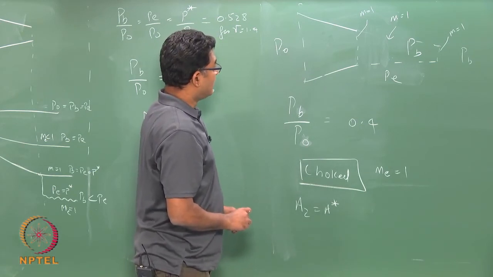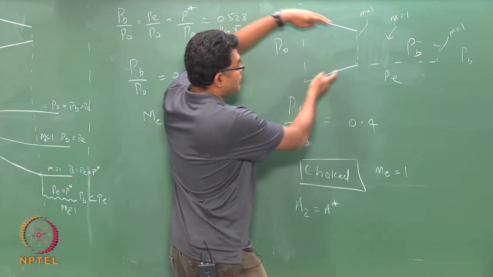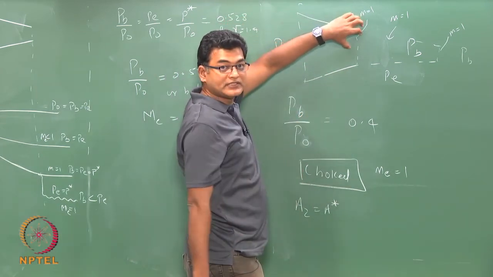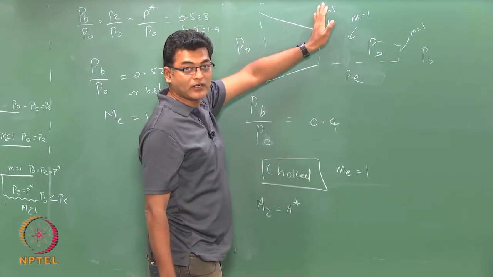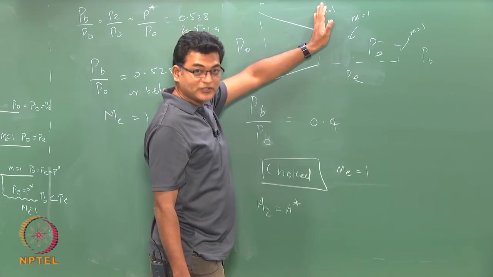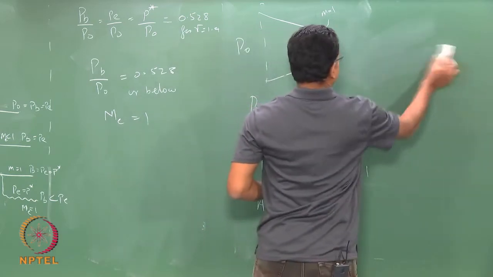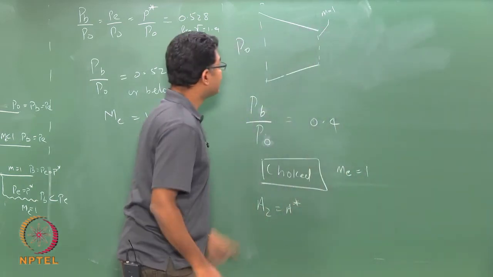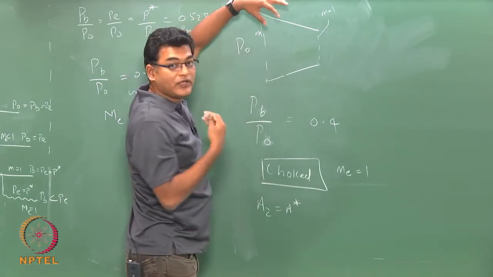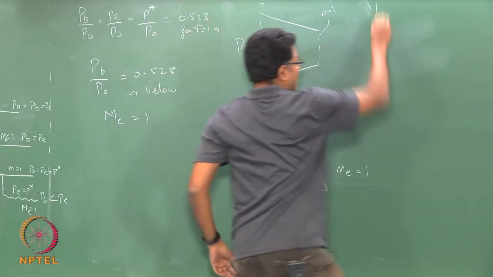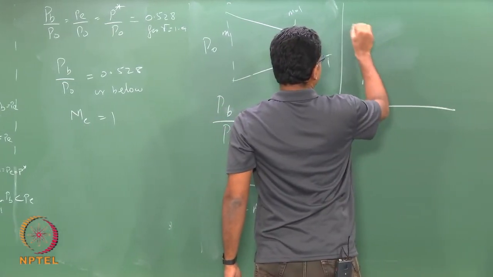Now, when I said for a given Mach number, I am reducing it to 1, and this would be your A star. But here I am cutting the A star, still I am getting M equals 1. So for example, for a given Mach number here, how did we define our star condition? We have the TS diagram. So the process is from 1 to 2.